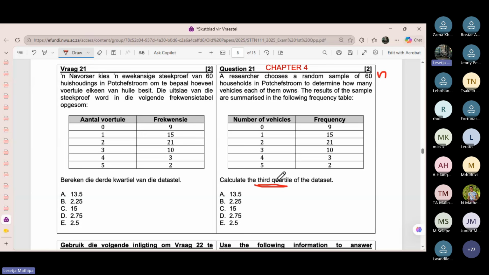That's how you calculate the position. But if they say calculate the value of the third quartile, they just want the value, not the position. You can start by using the position formula, then you go straight on to find the third quartile. I'm going to give you guys maybe 5 minutes for the third quartile.